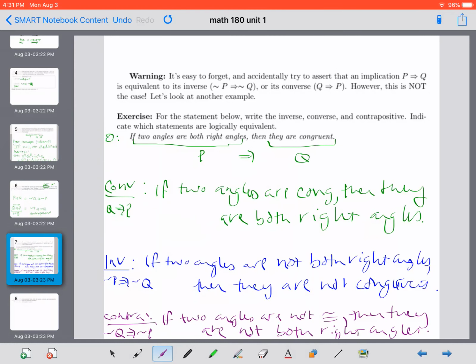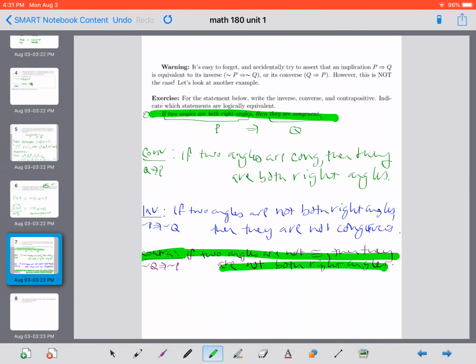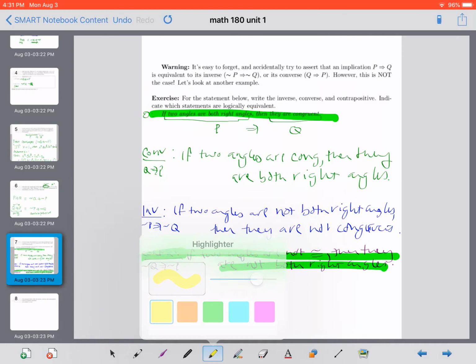Okay, now, which of these statements are logically equivalent to each other? Well, we know that a statement is always logically equivalent to its contrapositive. So these two statements are logically equivalent to each other, and we know that a converse and an inverse are also going to be logically equivalent to each other.